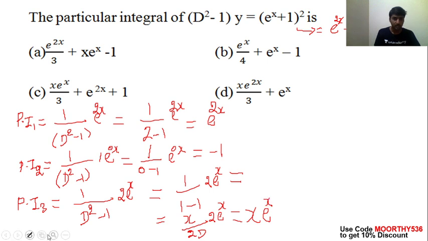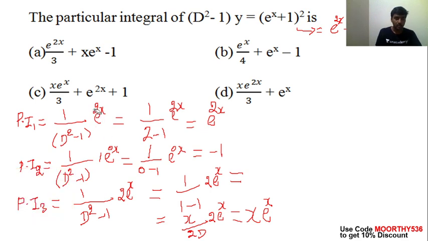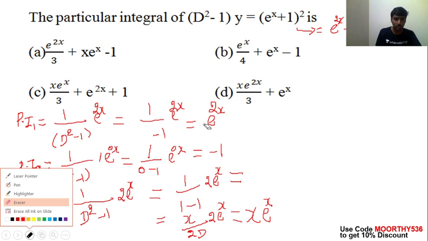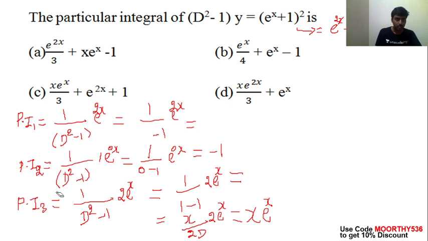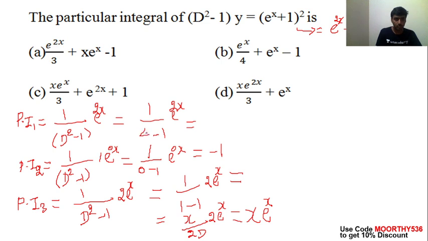One more thing here, a slight change in PI1: we have to replace D square with 2, so 2 power 2 is equal to 4. So 4 minus 1 is 3, so e power 2x divided by 3.